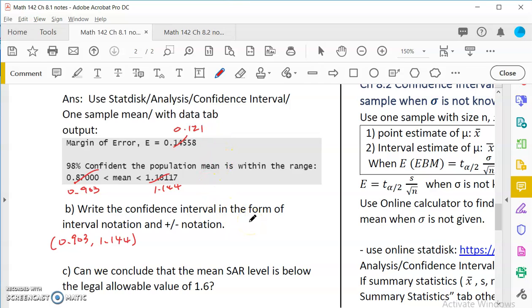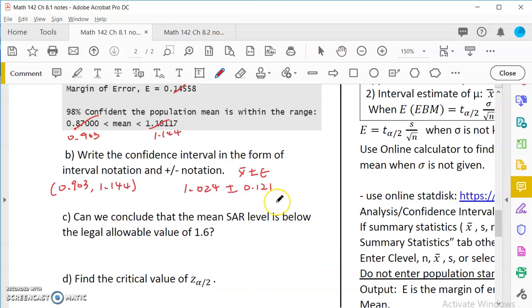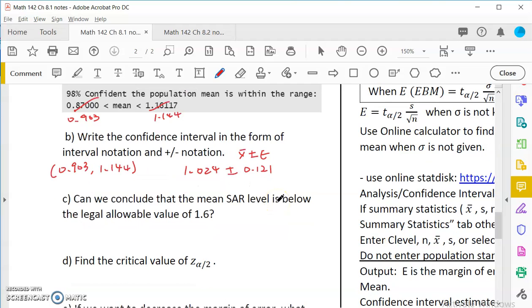So I would say the plus and minus notation would be x bar, 1.024, plus and minus E, which is 0.121, 3 decimal places.